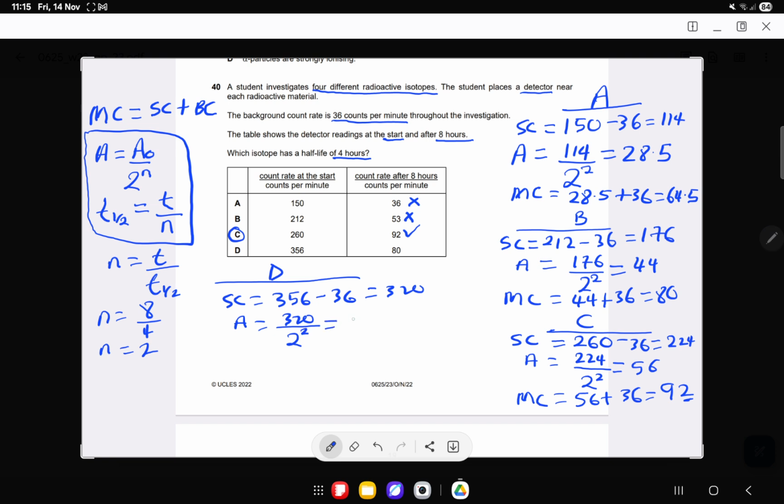This will give us 80. Therefore, the measured count rate after these 8 hours will be equal to 80 plus the 36, and this will be equal to 116. So which obviously also is incorrect. So our answer is C.